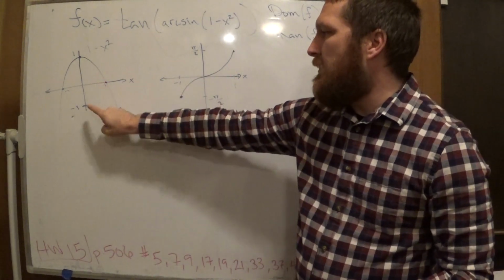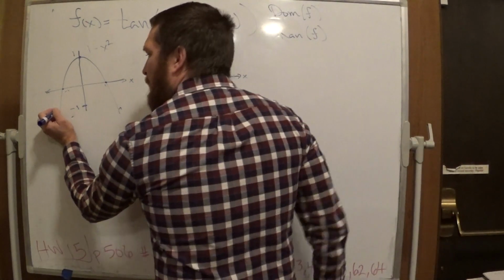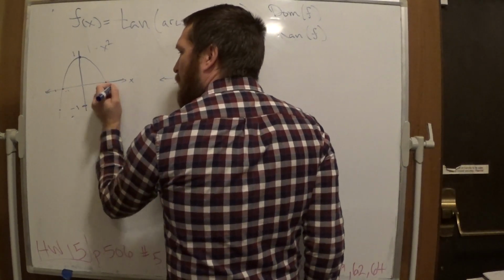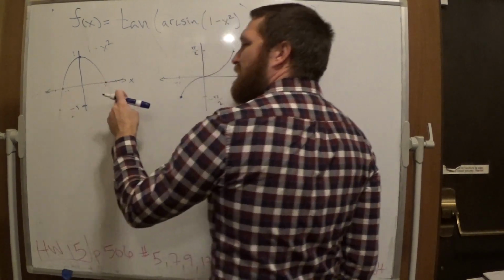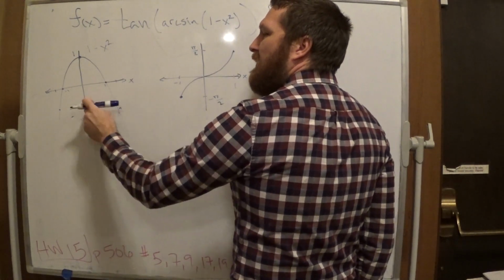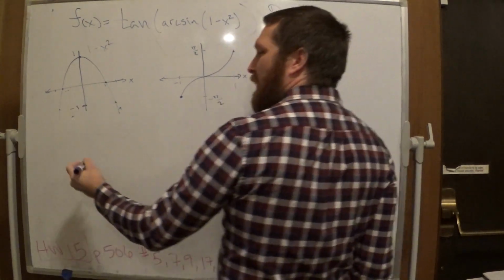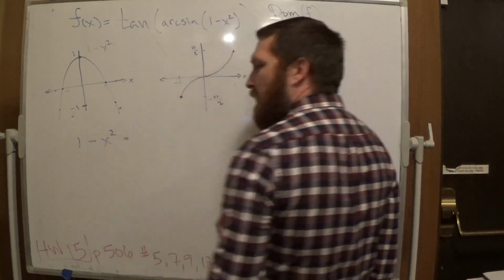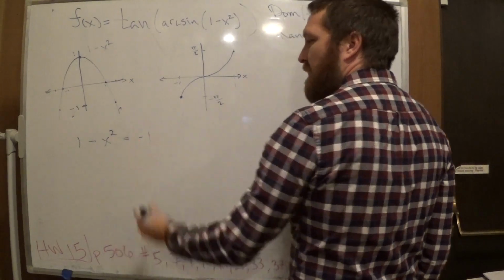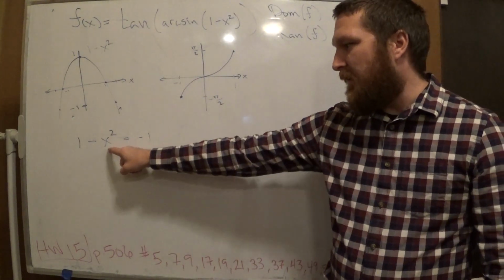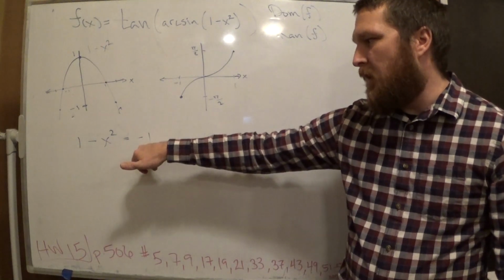But what about down to here? Can I find these points here? What input here, let's do the positive one first, gives me -1 as an output? In other words, you're trying to do this, right? We're plugging in some number into here, and out pops a -1.